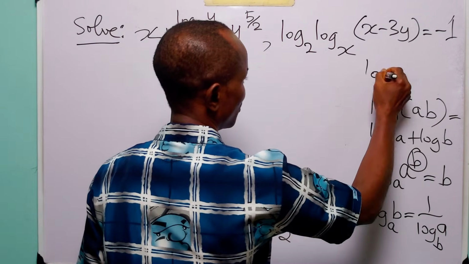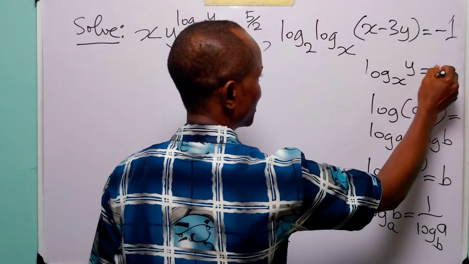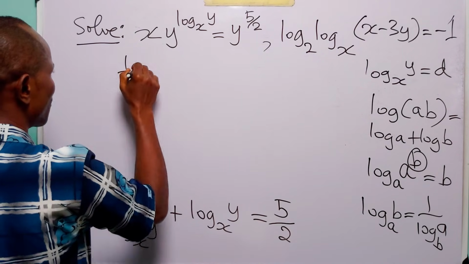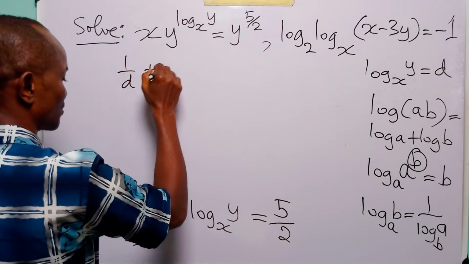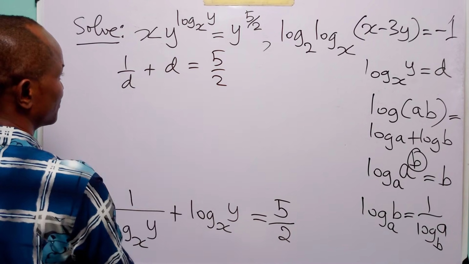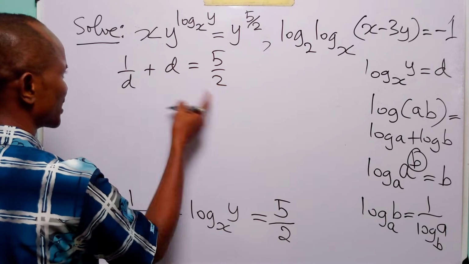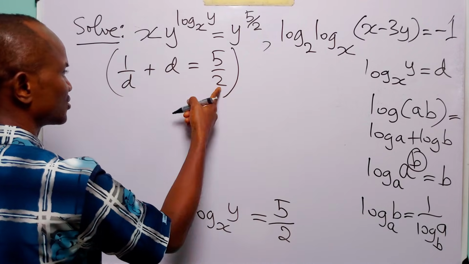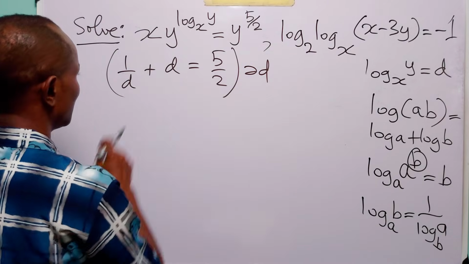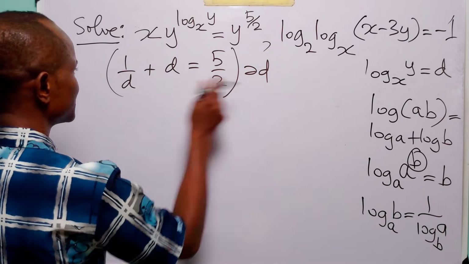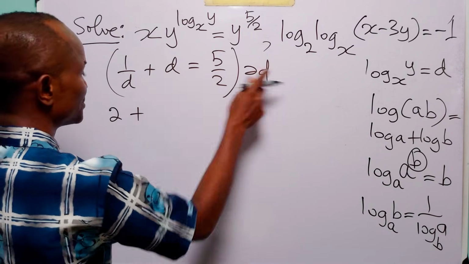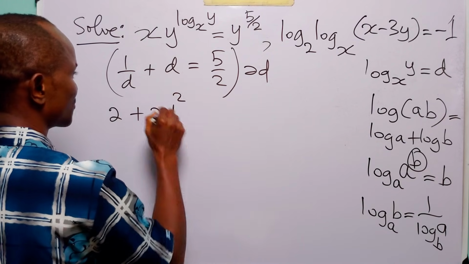So let log to base x of y be equal to d. With this substitution, this equation becomes 1 over d plus d is equal to 5 over 2. And to get rid of these two fractions, we are going to multiply through this equation by 2 times d. 1 over d times 2d is equal to 2. d times 2d is equal to 2d squared.